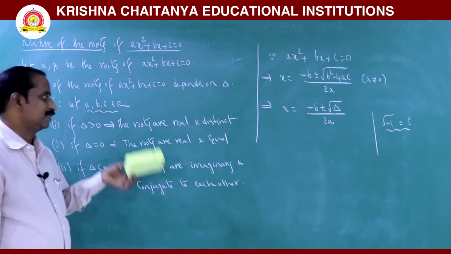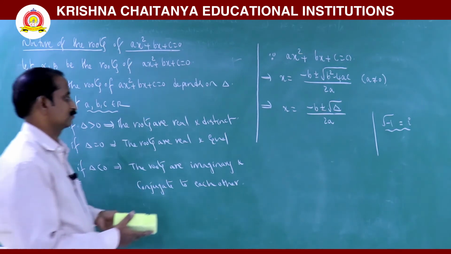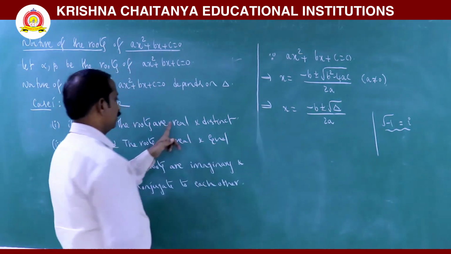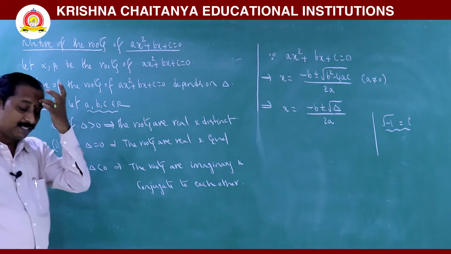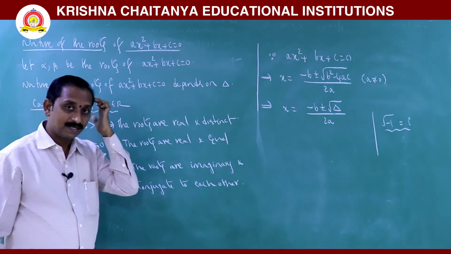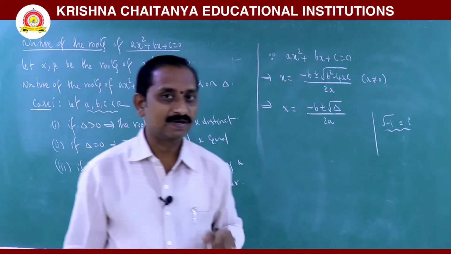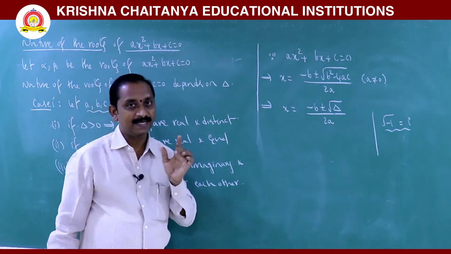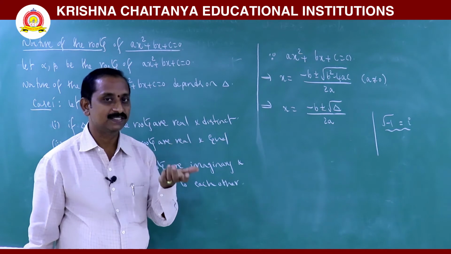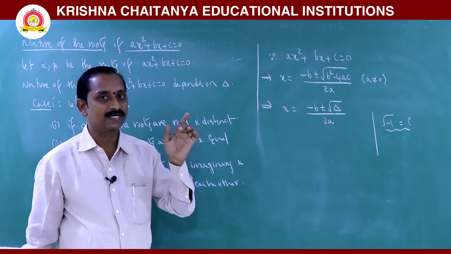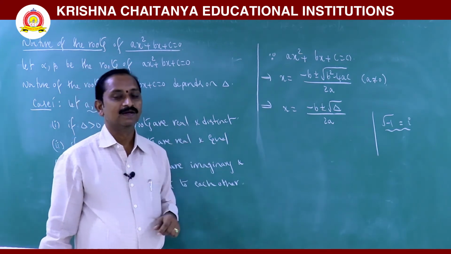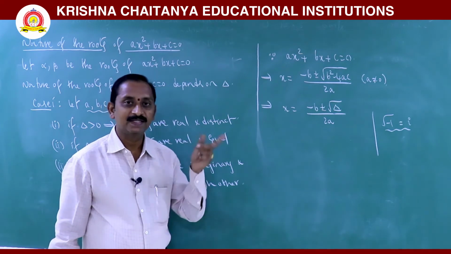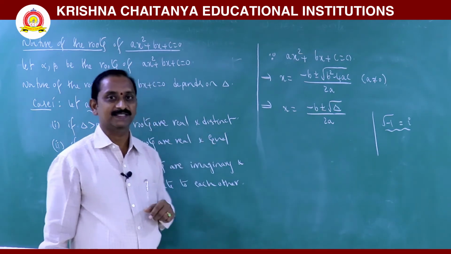It can also be represented in a geometrical way. Real and distinct; distinct means different. What is the concept of a real root? The real root of f(x) = 0 is the point of intersection of coordinates where the curve crosses the x-axis.